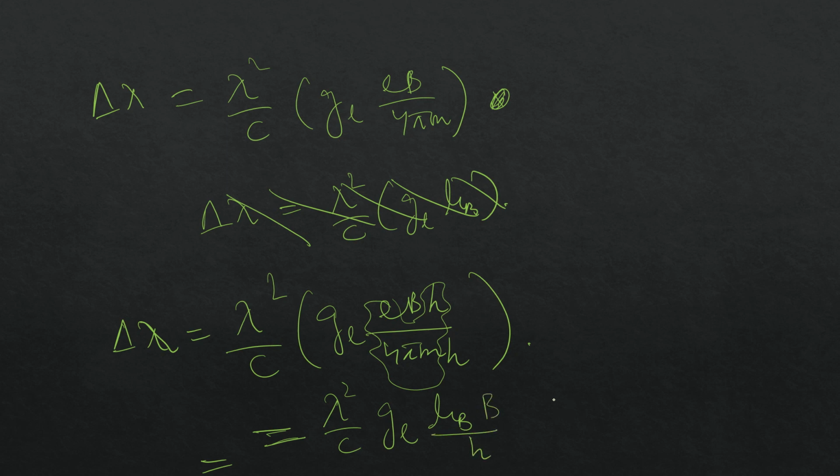Okay. So lambda is given. This is the original formula we studied in the previous question also, isn't it? Lambda is given how much? 250 nanometer. c is 3 times 10 to the 8. gl is how much? gl is 1.